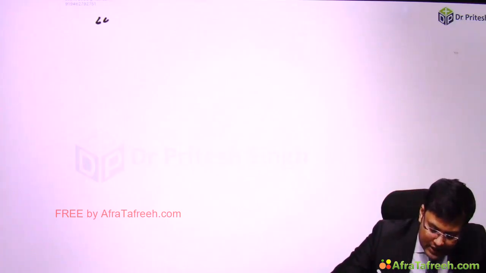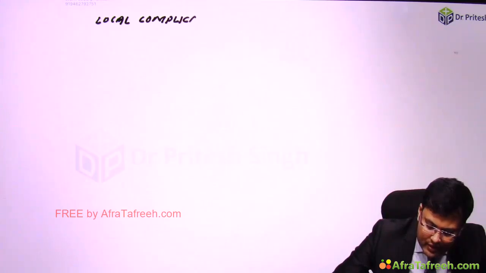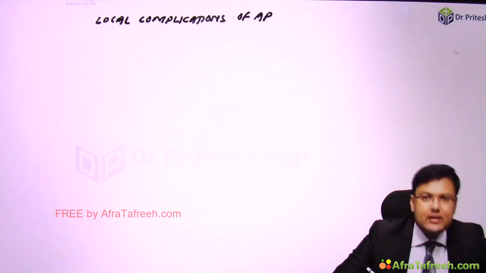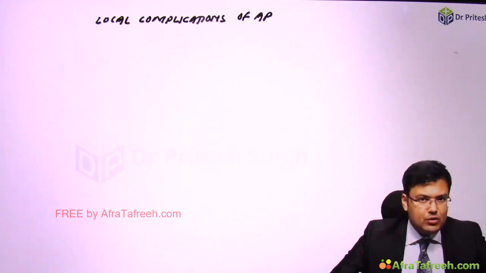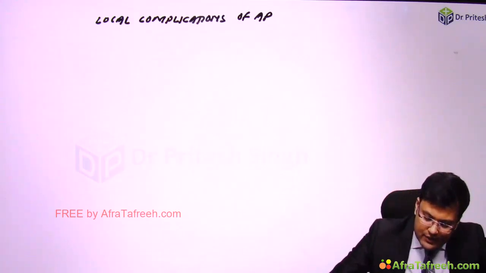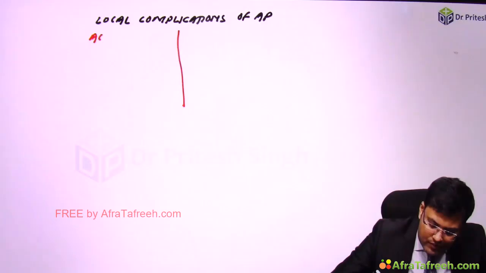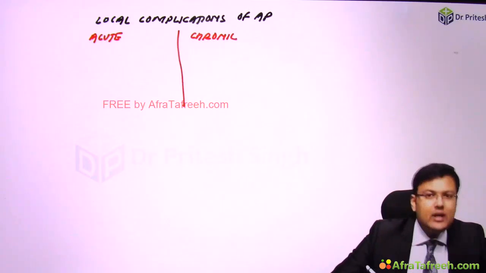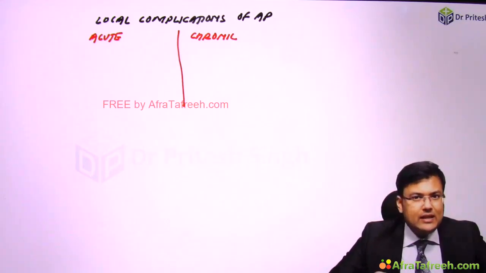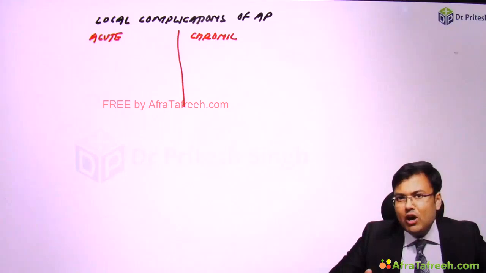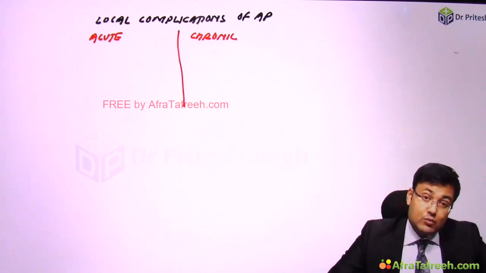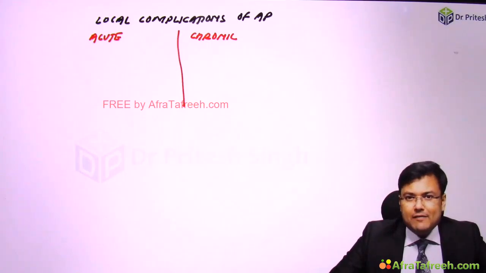So see, what are the local complications of acute pancreatitis? It is of two types. One is acute and second is chronic. So it is further divided into acute and chronic. Acute means the duration is less than 4 weeks and there is no well-defined wall. Chronic means the duration is more than 4 weeks and there is a well-defined wall.